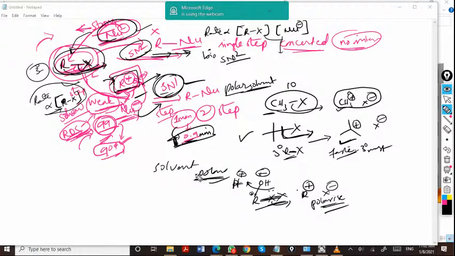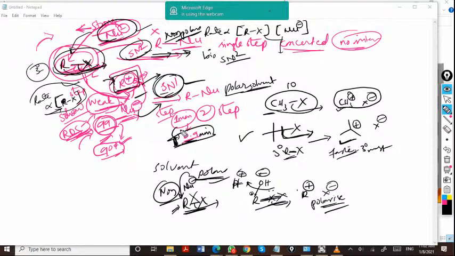Next, non-polar solvents. Non-polar means bond breakage or bond polarization will not happen. So when bond polarization is not going to happen, the nucleophile must attack the alkyl halide so that the leaving group leaves. So it follows the criteria of SN2. So for SN2, it will be non-polar solvents.